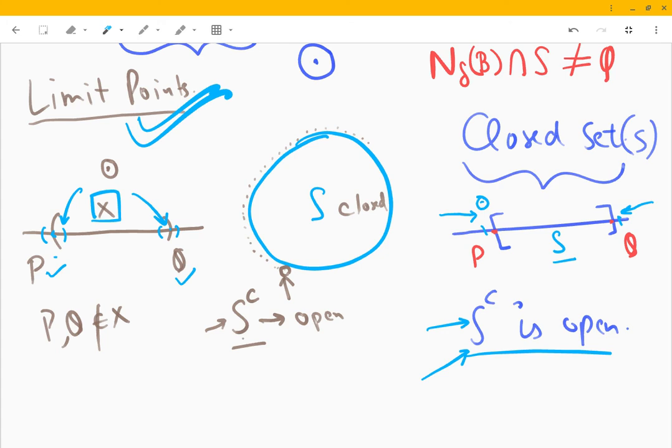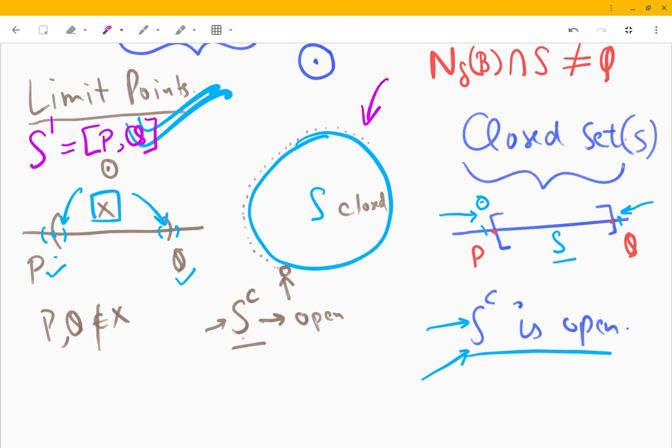It is called the derived set S dash, not to be confused with this S. So the derived set of this open interval PQ will be the closed interval PQ, because P and Q will also be limit points.